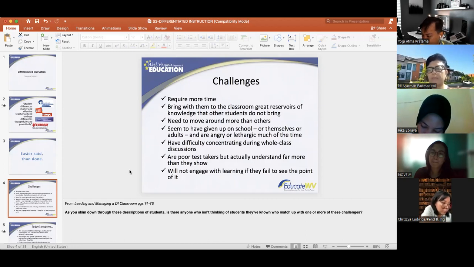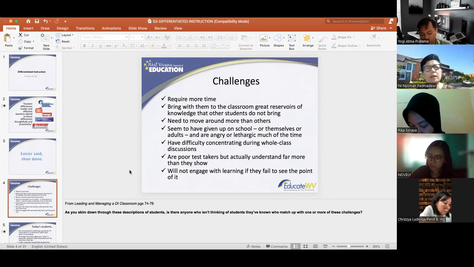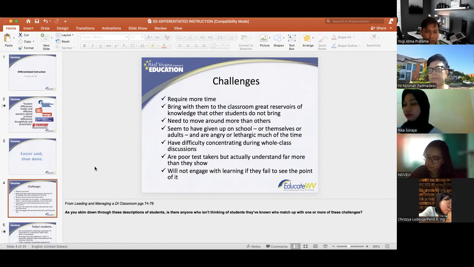The second one, you have to prepare your students with other kinds of worksheets on different levels, right? Some worksheets for lower level, some for average level, some for advanced level. So you have to prepare your students first with different kinds of learning sources.